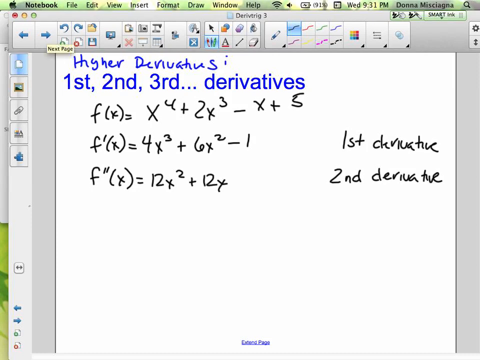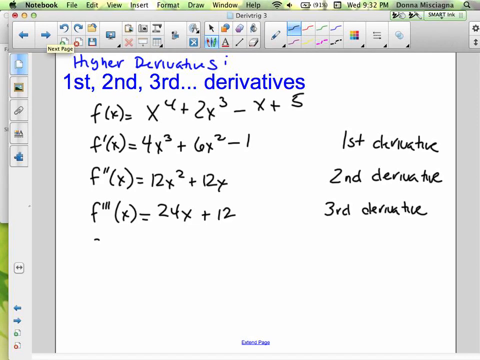And the derivative of the negative 1, that's 0. If we see this, that's the third derivative. And if you thought the first and second were easy, the third is going to be 24x. The derivative of 12x is just 12.